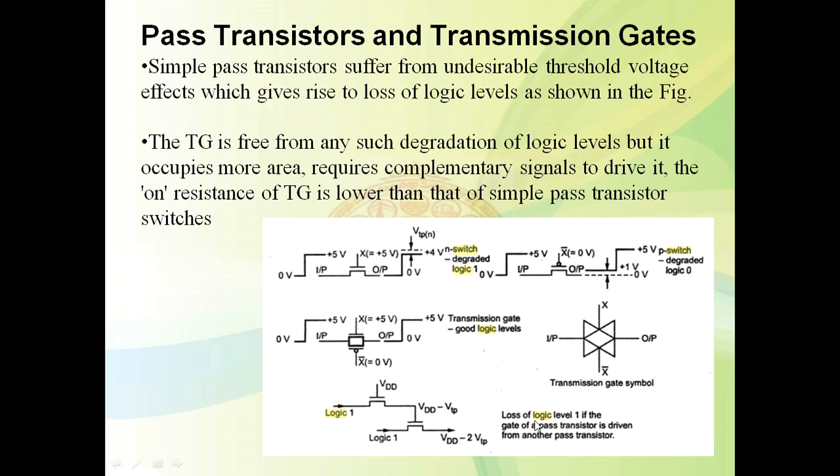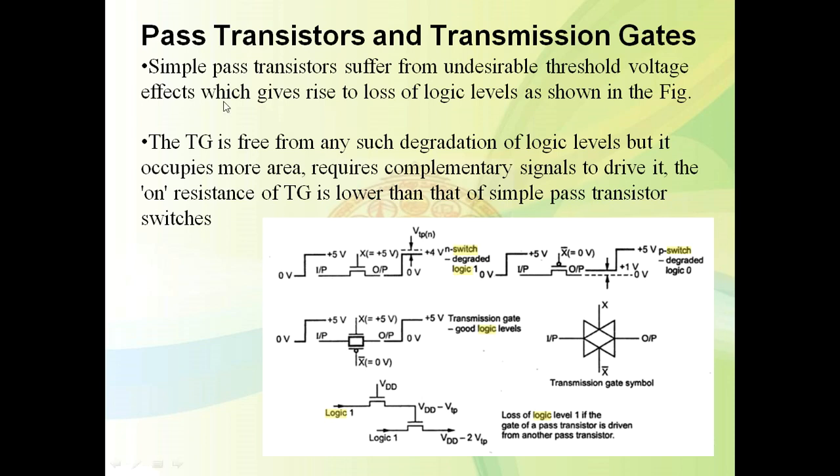So there is a loss of logic level 1 if the gate of a pass transistor is driven from one transistor to another transistor. In some cases, whenever we use a larger number of transistors in series, there will be a loss of logic level. That can be avoided by using a simple transmission gate.